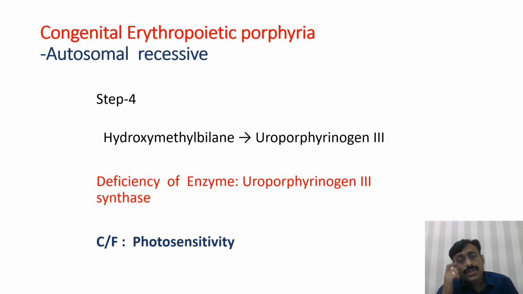Next is congenital erythropoietic porphyria. This is an autosomal recessive type of porphyria. It occurs due to deficiency of the enzyme uroporphyrinogen 3 synthase, which is required in step 4 of heme biosynthesis. Hydroxymethylbilane is converted into uroporphyrinogen 3 in the presence of this enzyme.